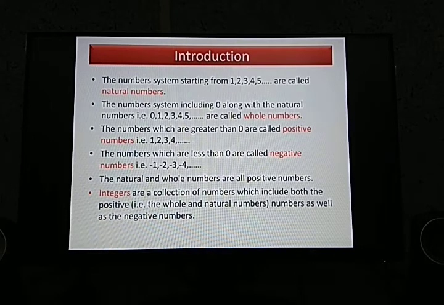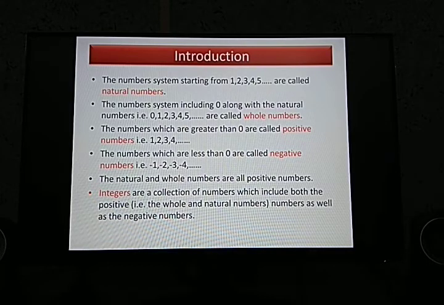So integers are basically the collection of both these positive and the negative numbers along with 0. So we can say that positive numbers are nothing but those whole numbers and the natural numbers, and the negative numbers as well. So all together as a collection, such a number system is called the integers.